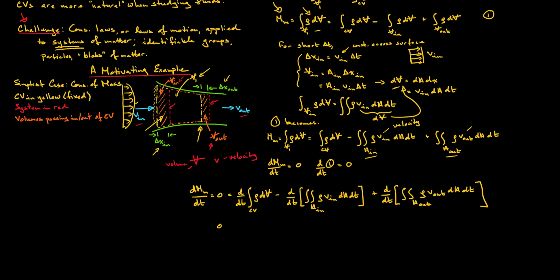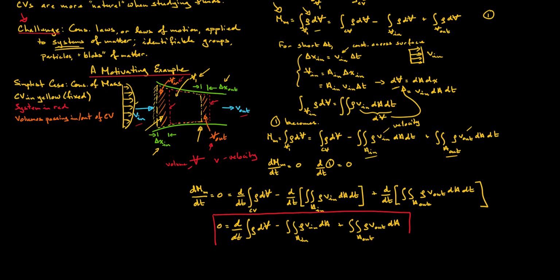And what we're going to get for our conservation of mass is d by dt of the mass inside the CV minus the integral of rho V in dA plus rho V out dA, and that is over A out, the area of the outlet. And here we are. This is our conservation of mass applied to a control volume.